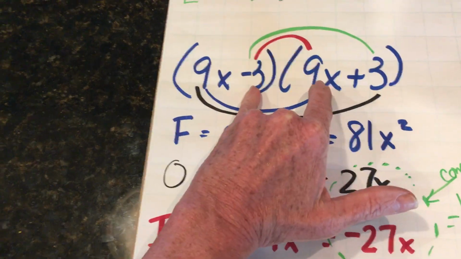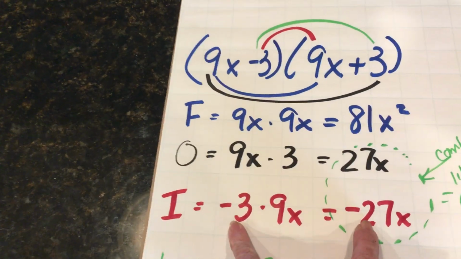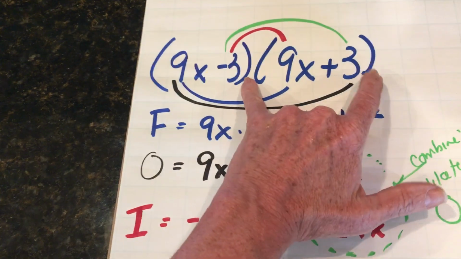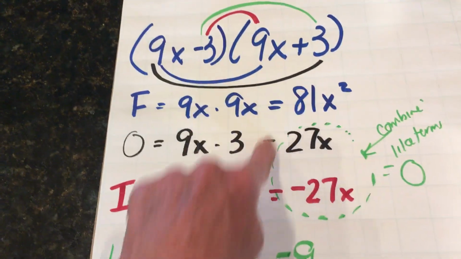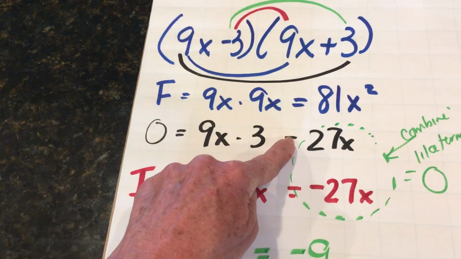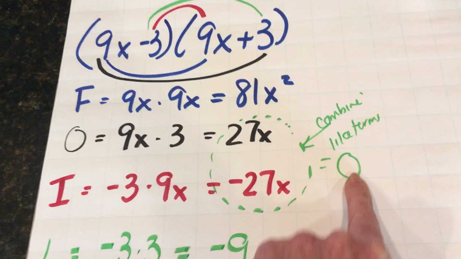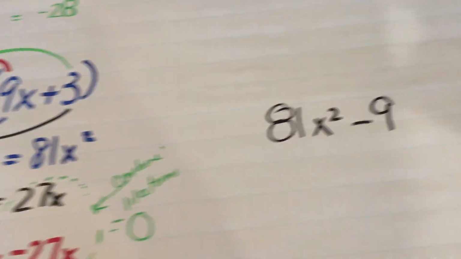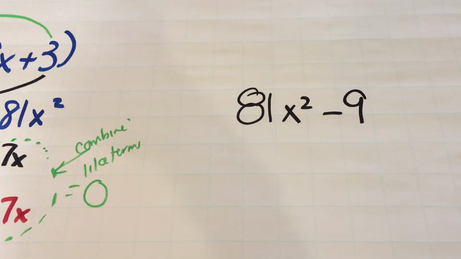Inner, negative 3 times 9x will give me negative 27x. And last, negative 3 times 3 gives me negative 9. So this time when we combine our like terms, we have 27x's and negative 27x's, which gives me 0. So there's no b term, there's no middle term. So our final answer is 81x squared minus 9.